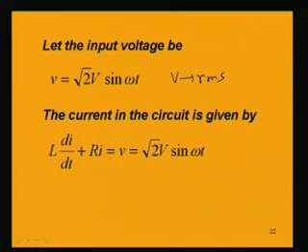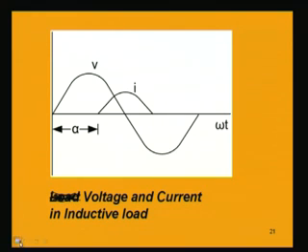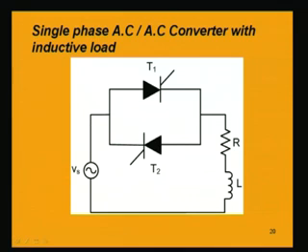Now, if we consider the current in the circuit when one thyristor fires, say thyristor T1 fires in the positive half cycle at an angle of alpha, then the current can be found out using Kirchhoff's voltage law in this circuit.